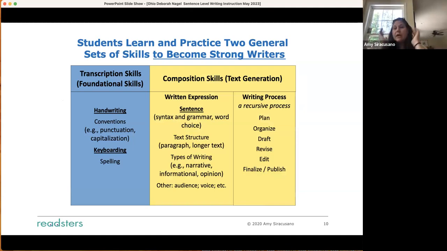And just like we think about with reading and the simple view of reading, we really need to be cognizant of the fact that we have to teach to automaticity foundational writing skills. And then we have to teach the strategic approach and the building of knowledge of composition through a process called the writing process.